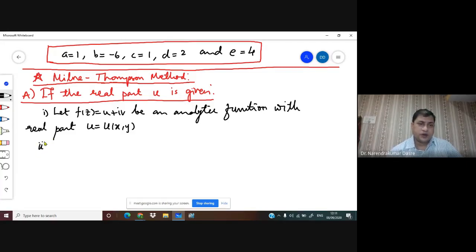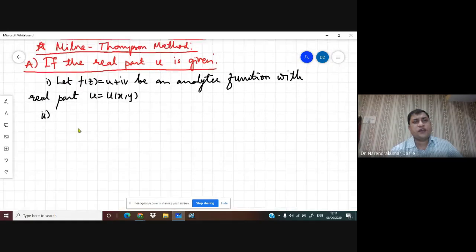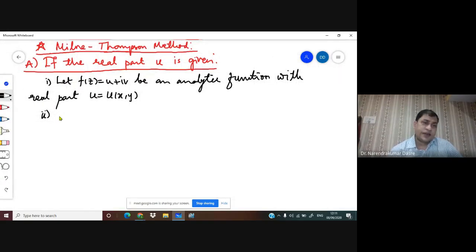Now the second step. Please be careful with these steps, because you have to follow them exactly and use exactly this notation. Do not make any mistake in using the notation. So please use proper notation. Next, we find the first order derivatives of this u.